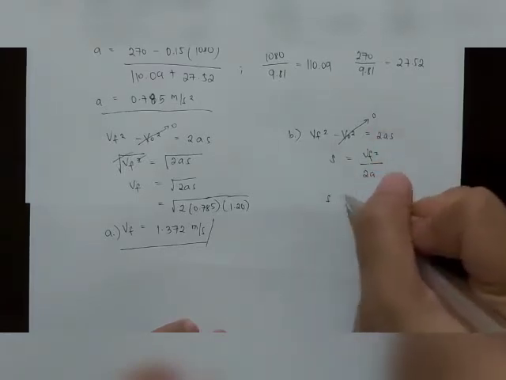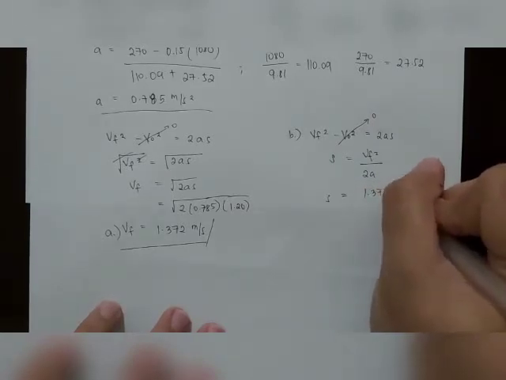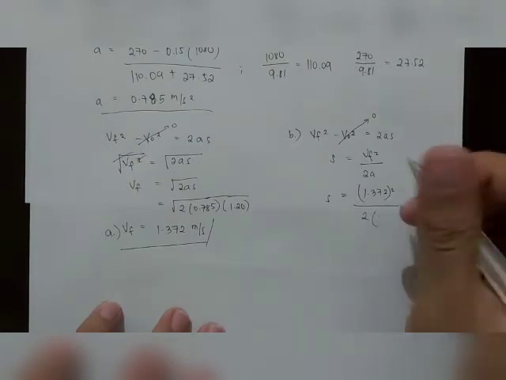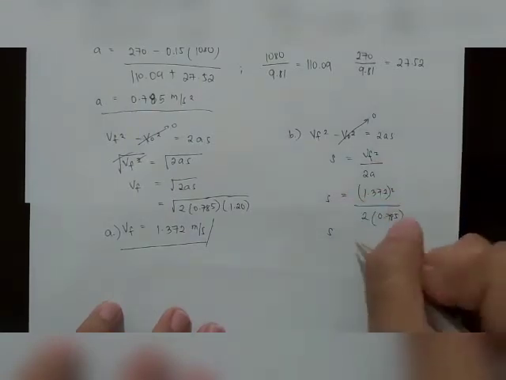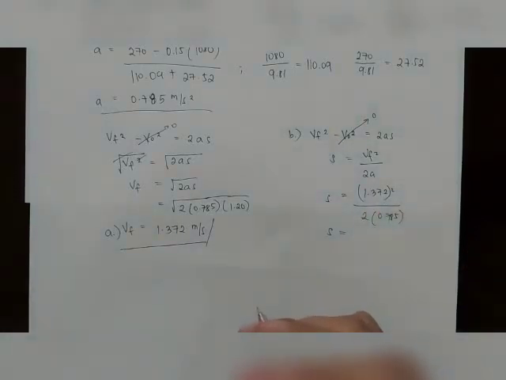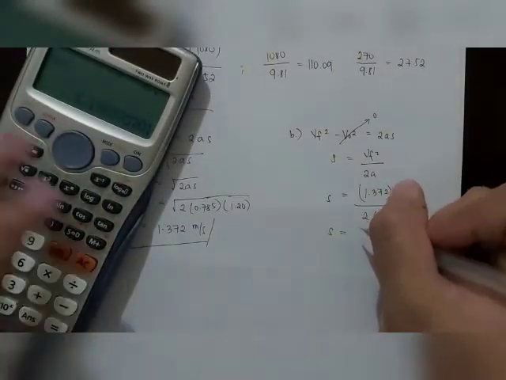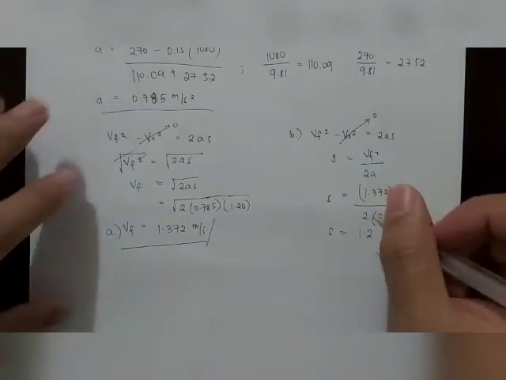So ang velocity natin is 1.372 squared, all over 2a, and then yung a natin is 0.785, where using the calculator, we will get that S is equal to 1.19 or 1.2 meters.